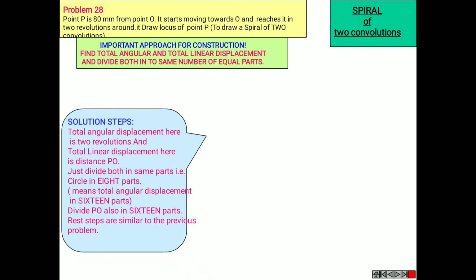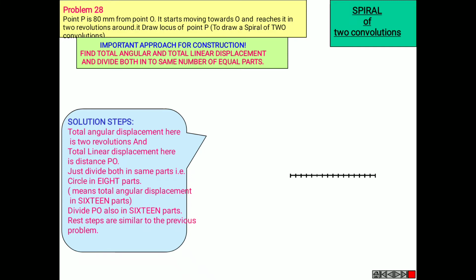So divide both in the same parts: the circle in 8 parts and also the line in 8 parts. That means total angular displacement will be in 16 parts, so divide PO also in 16 parts. The rest of the steps are similar to the previous problem.